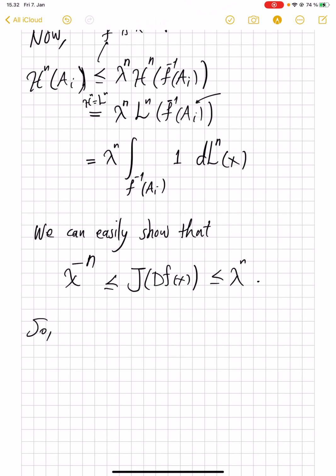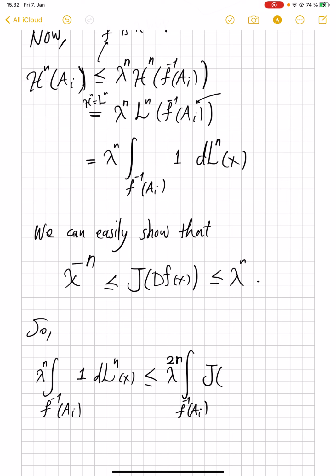So we can continue our calculations above. The last thing we computed there was that this is lambda^n times the integral of 1 over the set f inverse of A_i. So now I can replace this by lambda^(2n) times the integral over f inverse of A_i of the Jacobian of df at x, d L^n of x.